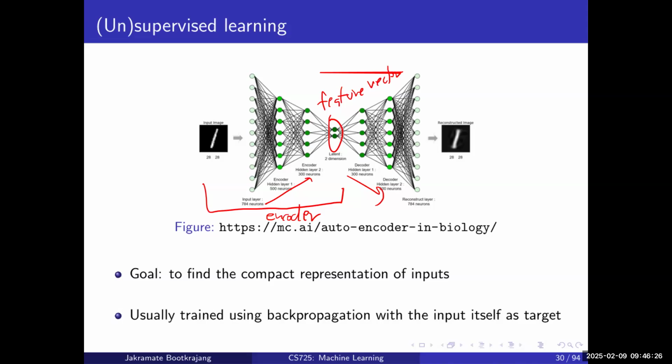If you cannot get the input and the output to match very well, perhaps you might want to increase the number of neurons in the middle layer. The middle layer is your feature vector, and if the number of features is enough, then you get a compact representation. So this is an encoder, and this would be the decoder. Together we call it an autoencoder.